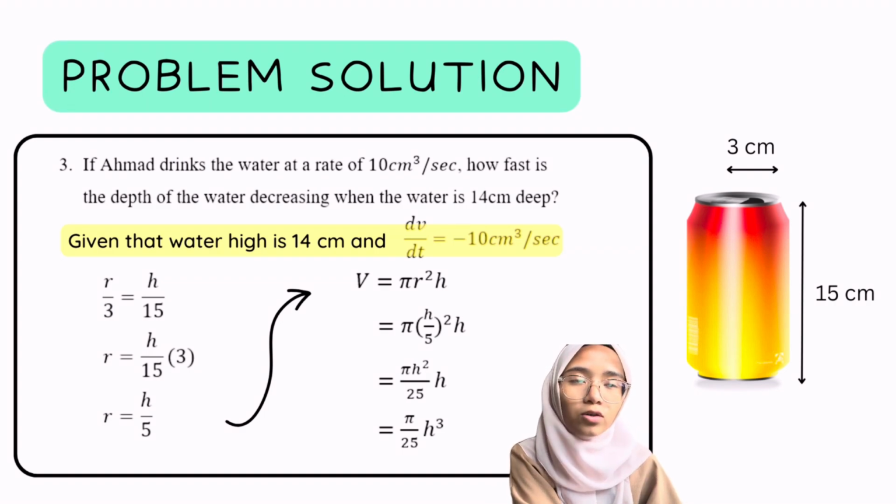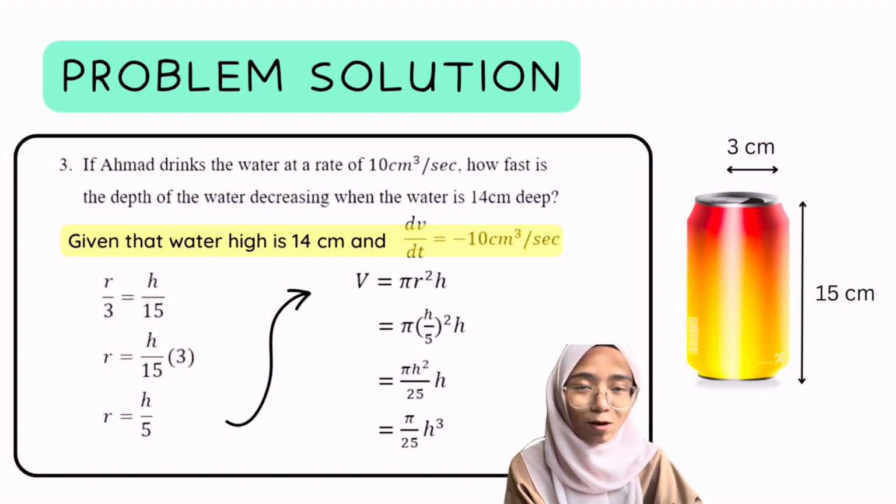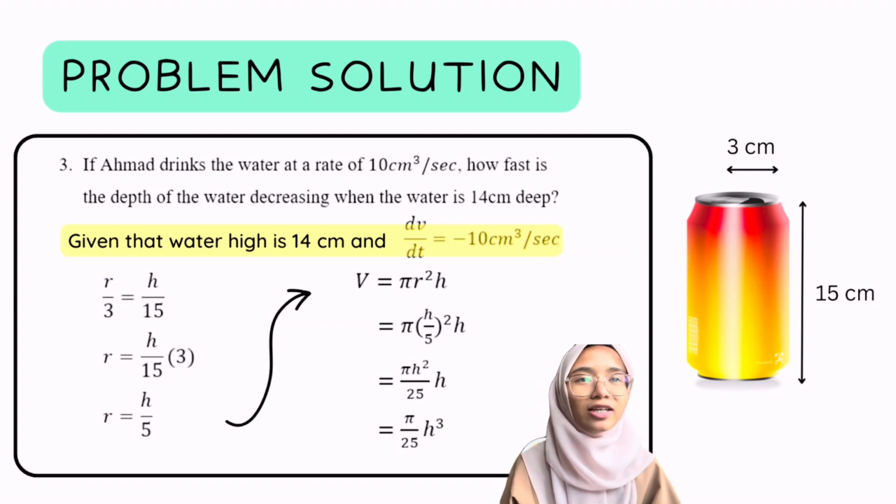Okay, so first we have to find r in terms of h, because we only need one variable in the question. So r divided by 3 is equal to h divided by 15.